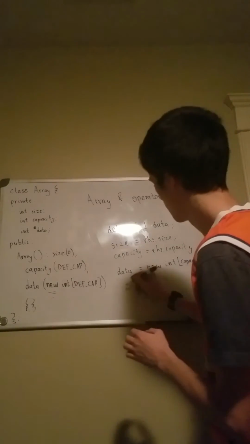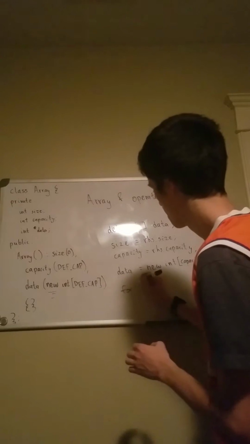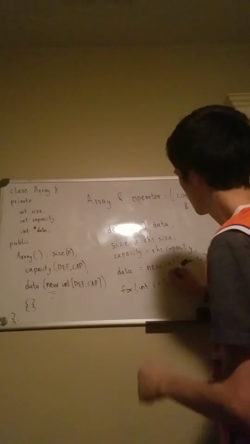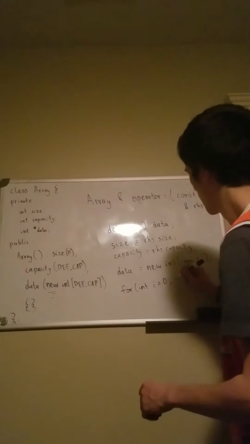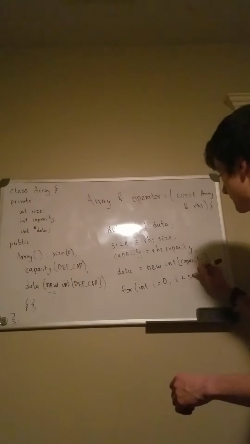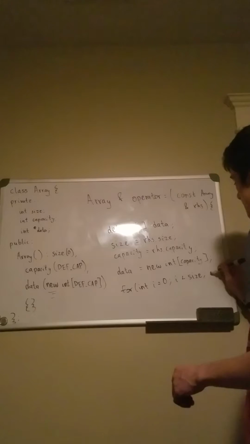I'll write that out for you real quick. So we have a for loop, int i is equal to 0, i is less than the size, and then plus plus i.